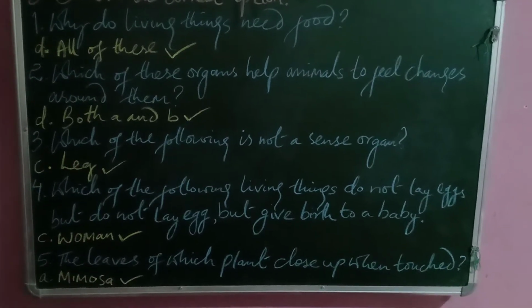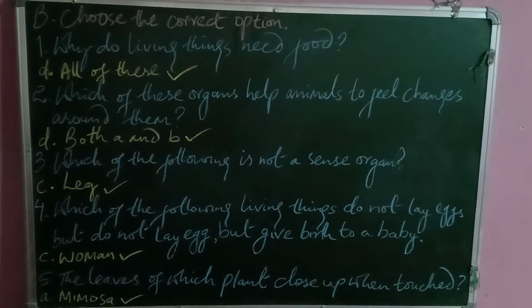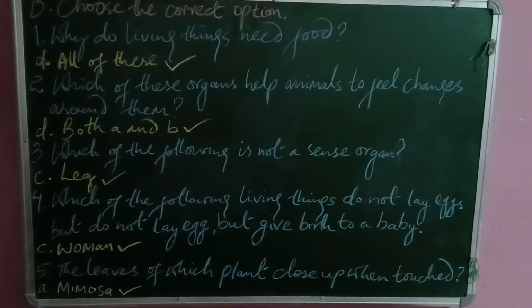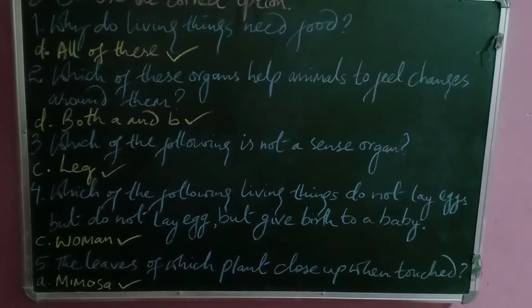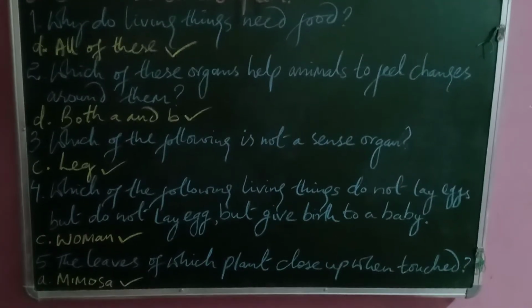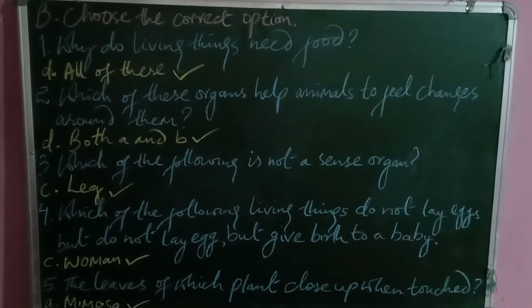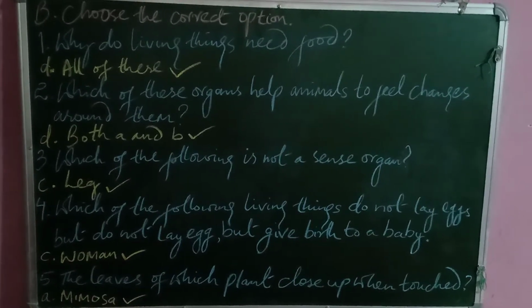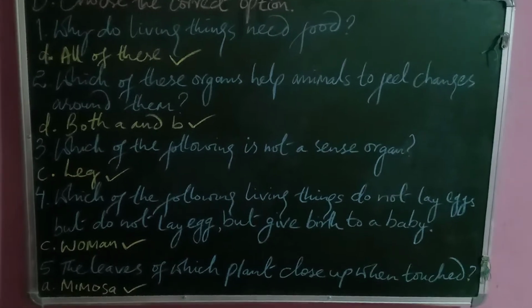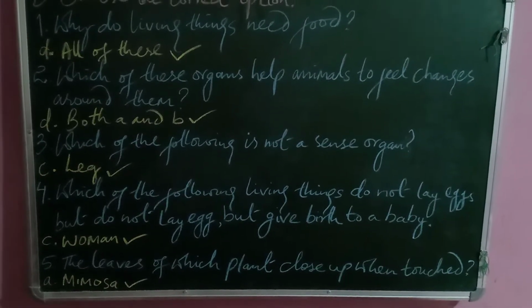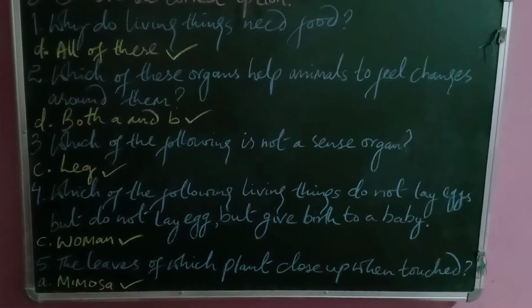Option C is the correct option. Then we have question number 5: the leaves of which plant close up when touched? And your options are mimosa, neem, all the green leaves, and option D, mango. So the correct option is option A, mimosa.